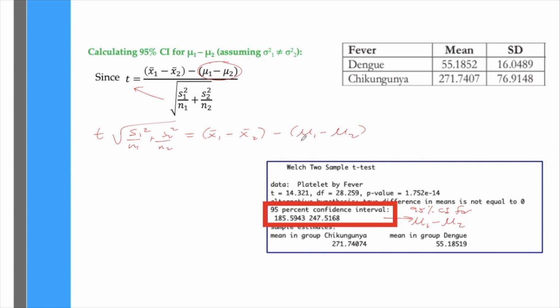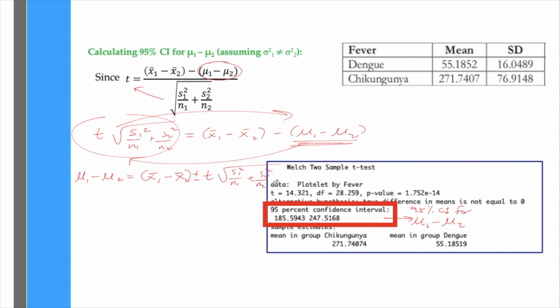If your interest is in this part, we may transfer this to the other side and this one to the other side. So mu1 minus mu2 will just be x bar sub 1 minus x bar sub 2, and then since t is positive or negative, I may write plus or minus t, and then the square root of s1 squared over n1 plus s2 squared over n2.